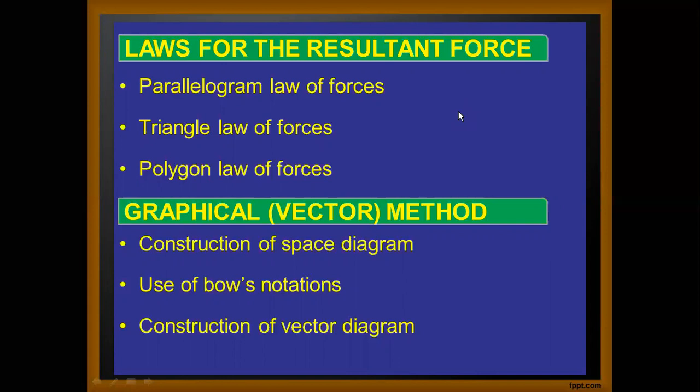Also, we can determine the resultant by using a vector method, by considering vector summation, that is, by constructing a space diagram using Bow's notation, or by constructing a vector diagram. That is called the graphical method.